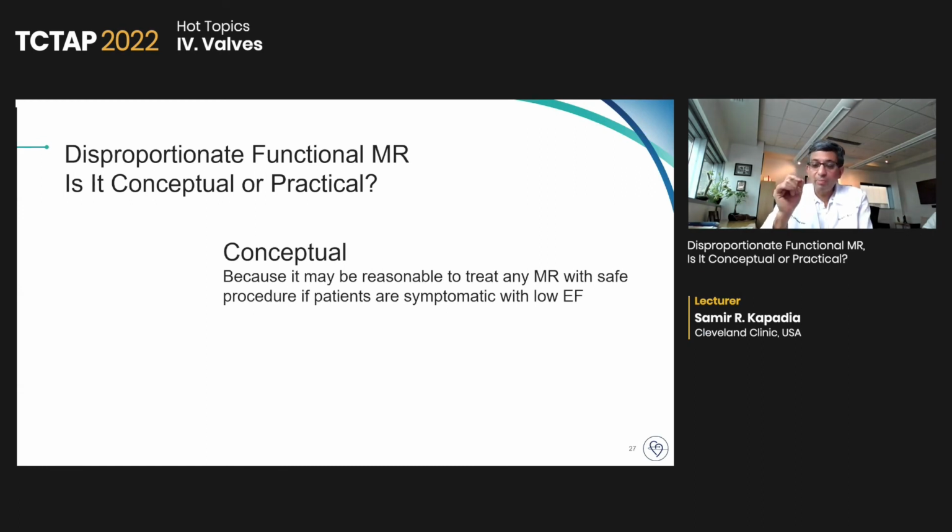So be it mitral clip or some other technologies, for example, like Carillon, these are important options for the patient. So they should not be denied by saying that this MR is proportionate and we should not treat this MR, in my opinion.